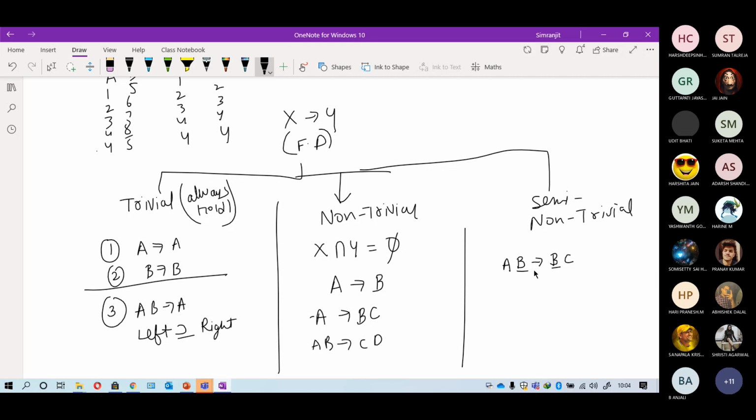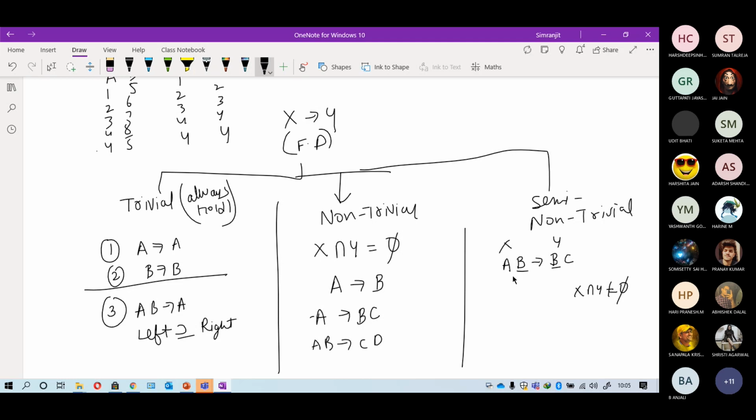Another part is that X intersection Y is not equal to the empty set. So I can say semi non-trivial means X intersection Y should not be equal to the empty set, so there is something in common.